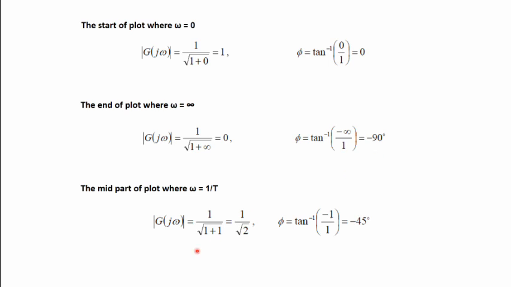But what is happening in the mid part of the plot when omega is equal to 1 upon T? In that case magnitude is 1 upon root 2 and angle contributed is minus 45 degrees because it is tan inverse of minus 1 by 1.